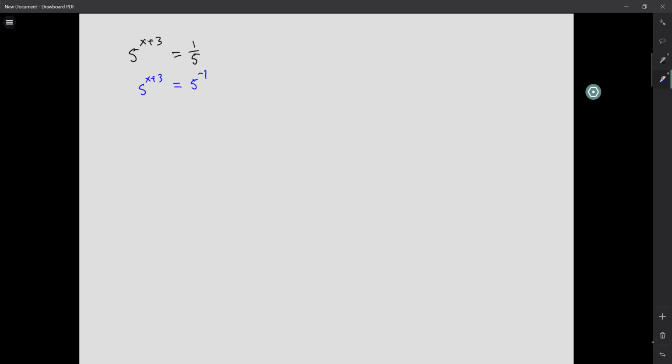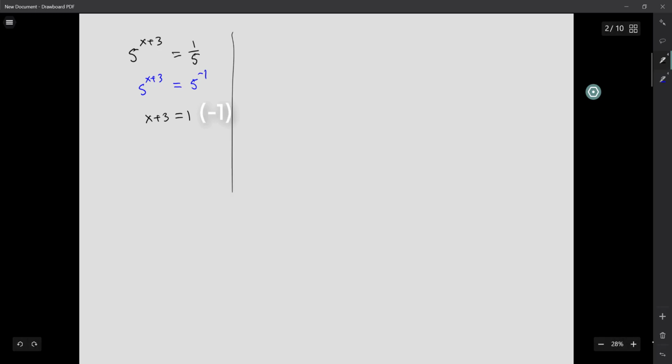A lot of times books will introduce problems like this to start with and say use the one-to-one property of exponents. And we could just say that since the bases are the same, we must have that x plus 3 is equal to negative 1.